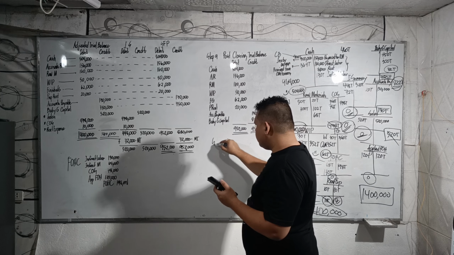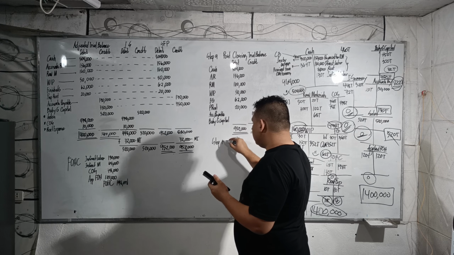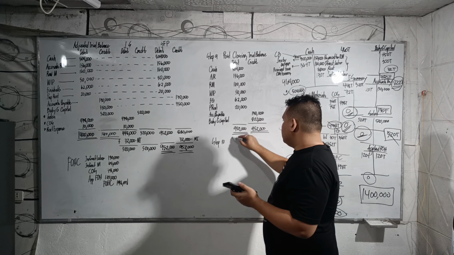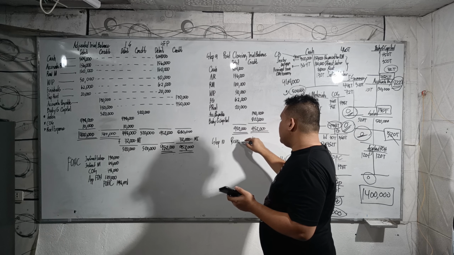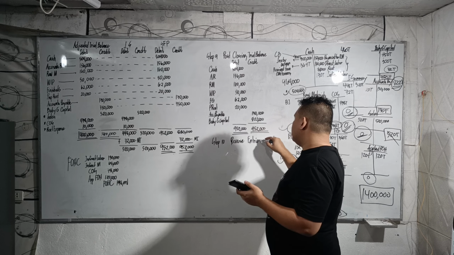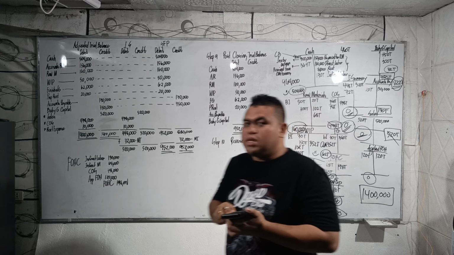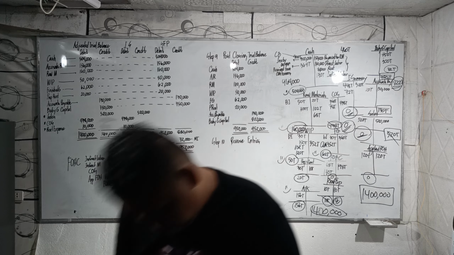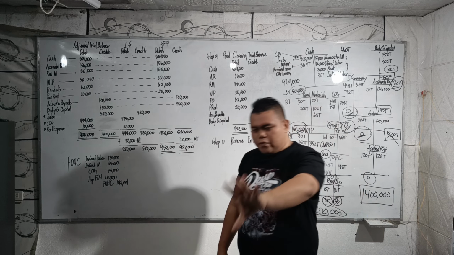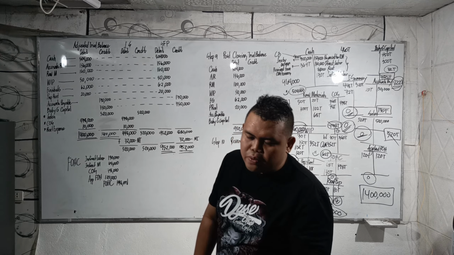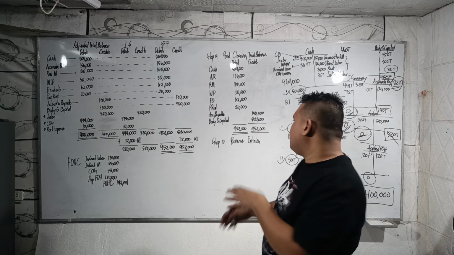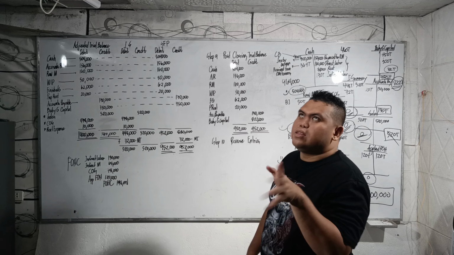Step 10. We just have to reverse entries. And normally, again, the reversing entries will happen on the first day of the next period. For example, if our last period is December 31, 20x5, on January 1, 20x6, you can have the reversing entries, but you don't have to.